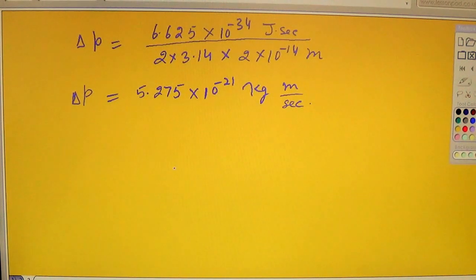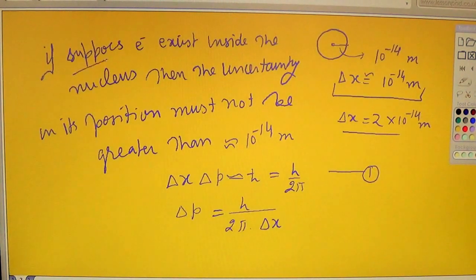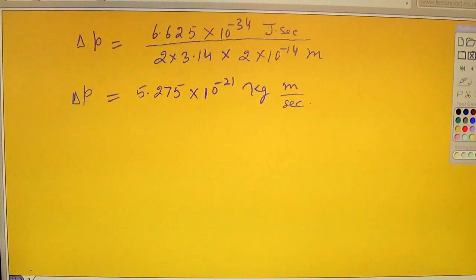As we have supposed that the electron exists inside the nucleus, this will be the uncertainty in the momentum, so the momentum cannot be less than this one. If the electron exists inside the nucleus, its momentum will be equal to this at least.